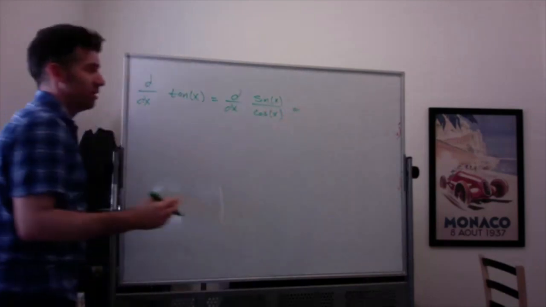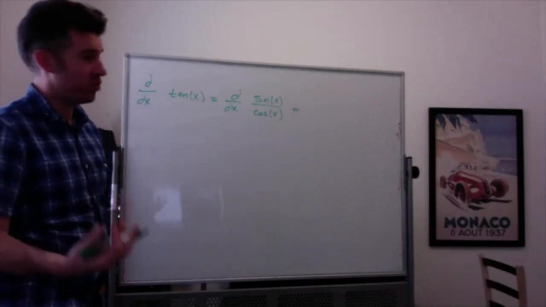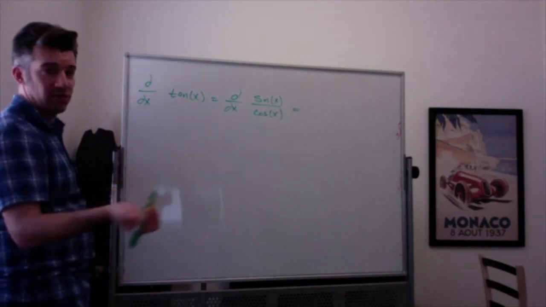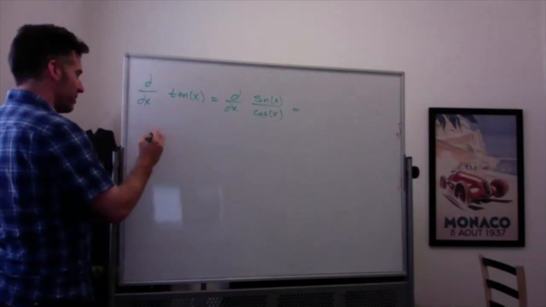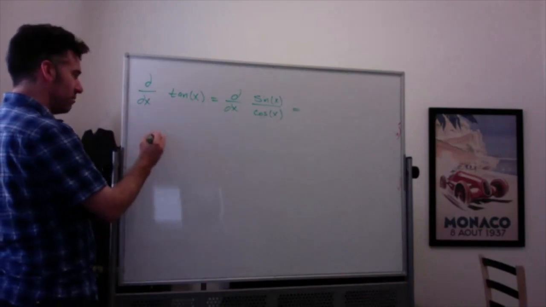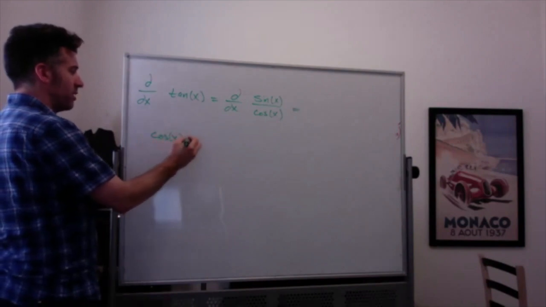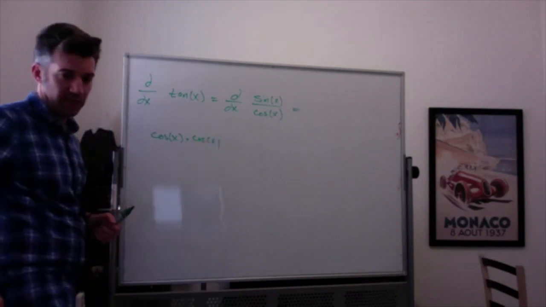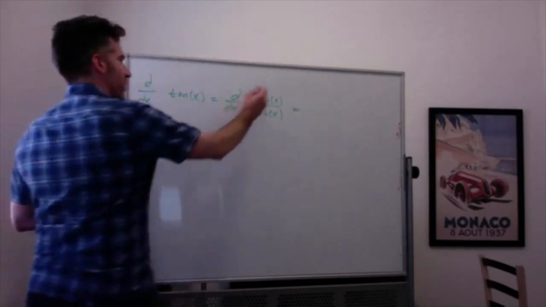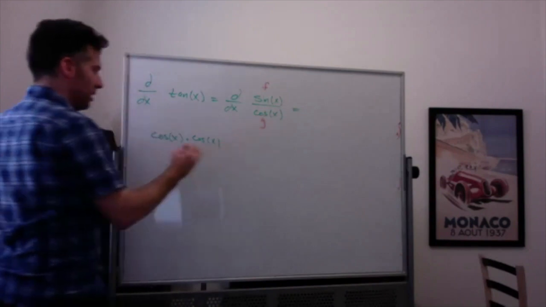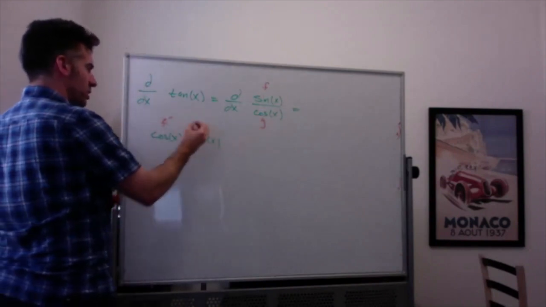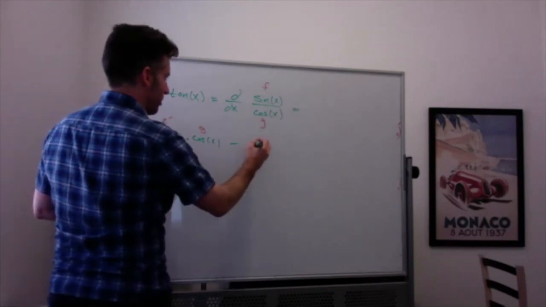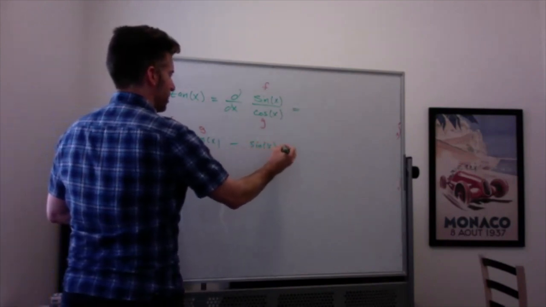Just like before, we're going to find the derivative of the quotient by using the quotient rule. I'll do it the way you like. It's the derivative of the top, which is the derivative of sine, cosine, times the bottom. If you like, you can even label things: I can call this F and this G. It's F prime times G minus the top times the derivative of the bottom.